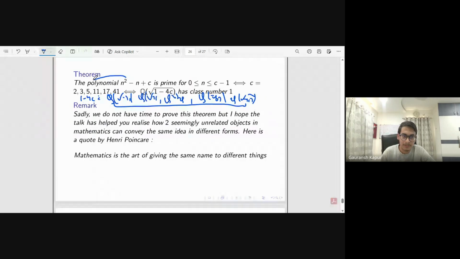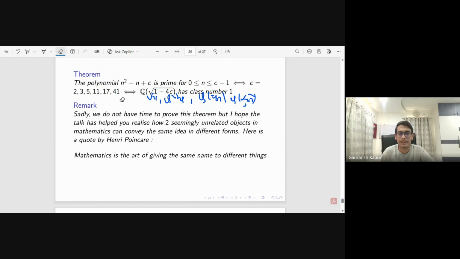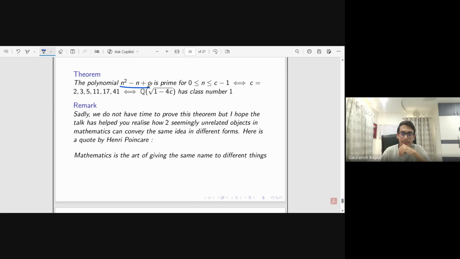So this polynomial being prime is very closely related to the class number of the quadratic fields being 1. And as we know that these are the only ones where the class number is 1, this polynomial n square minus n plus 41 was actually the biggest example of such a polynomial.